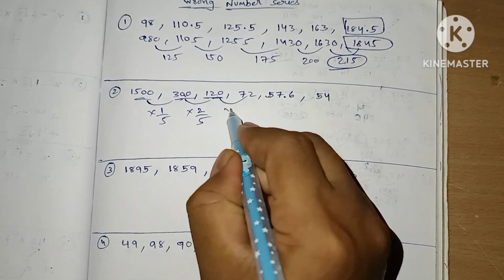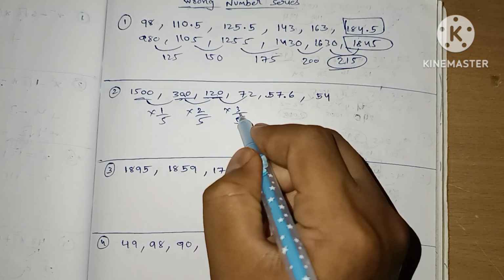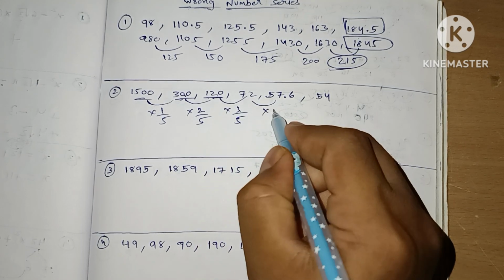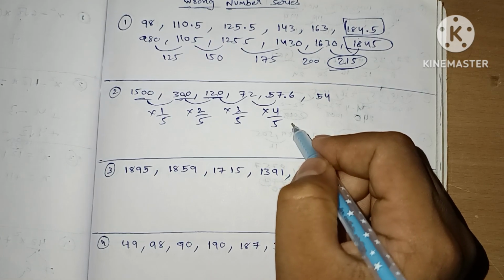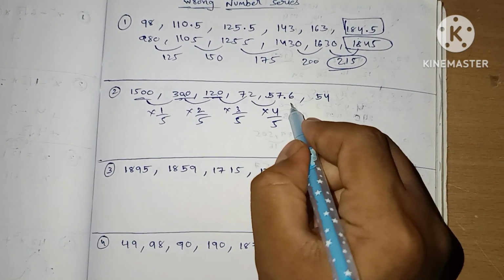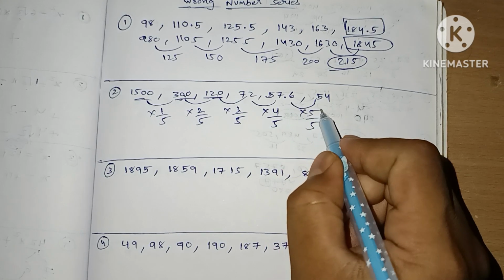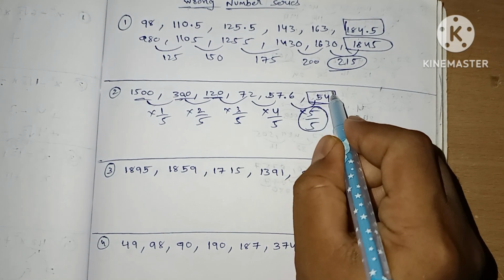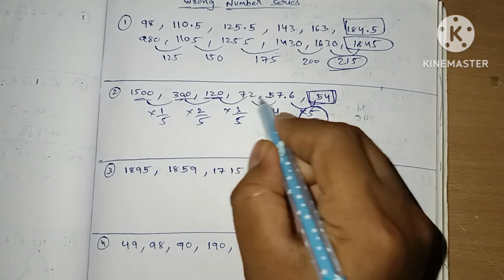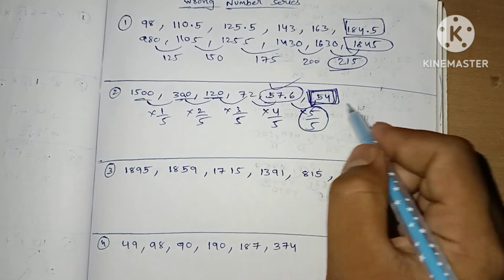So next one must be into 3 by 5. 24 3 times 72. Okay, here it must be 4 by 5. And next one must be into 5 by 5. So if it is into 1, it is not our answer, because here we get 57.6, which is right. So our wrong number is 54.